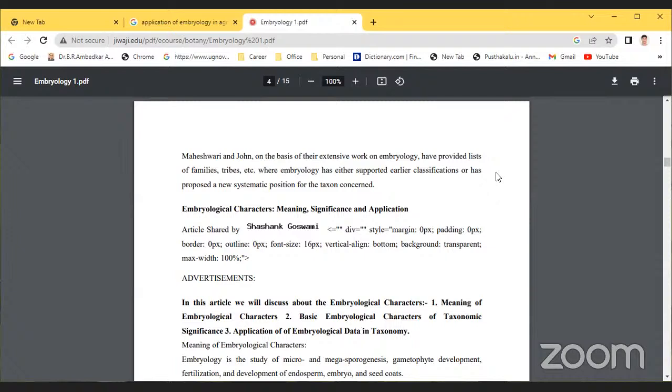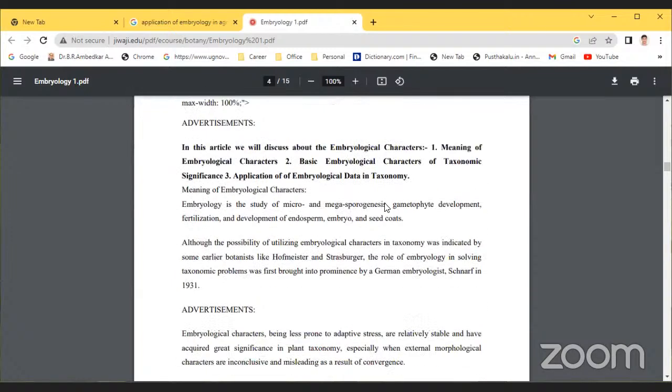The embryological characters: meaning, significance, and application. This article is shared by Shashank Goswami.